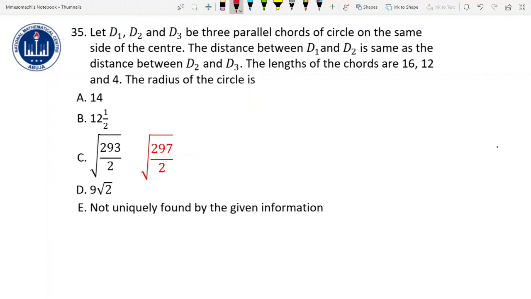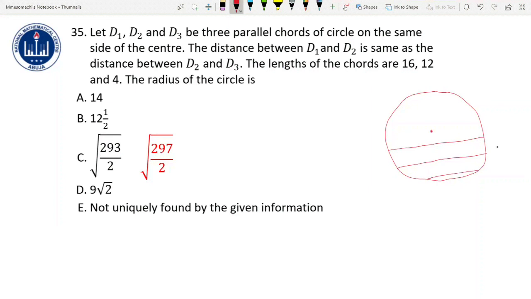So to solve this question, we as usual draw a diagram. Let's say this is the center. We're going to be using the fact that the perpendicular bisector of every chord passes through the center of the circle. So if these are parallel chords, the perpendicular bisectors pass through the center of the circle.